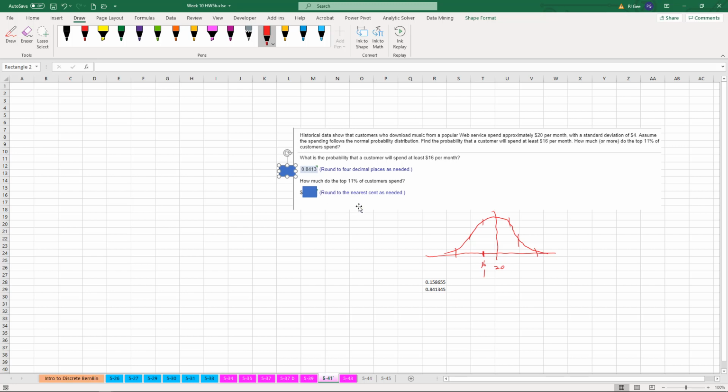Now this problem is a little bit different. I think we need 11%. Normally what you would do, if you're not using Excel and you're using the table, is you have this table. This is in tenths and this is in hundredths here. These are your sigmas as you go down. When you come into the table with your number of standard deviations, you're going to pull out a probability.